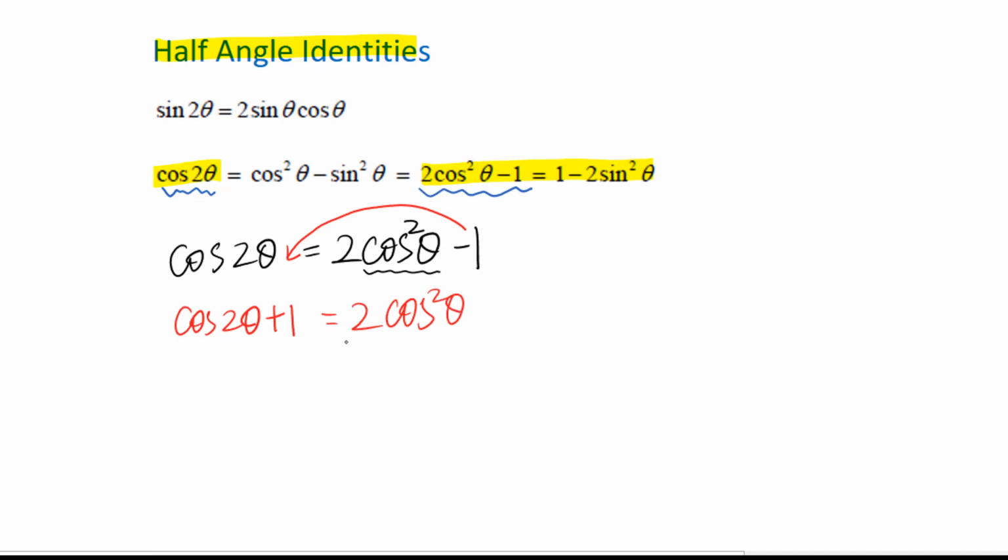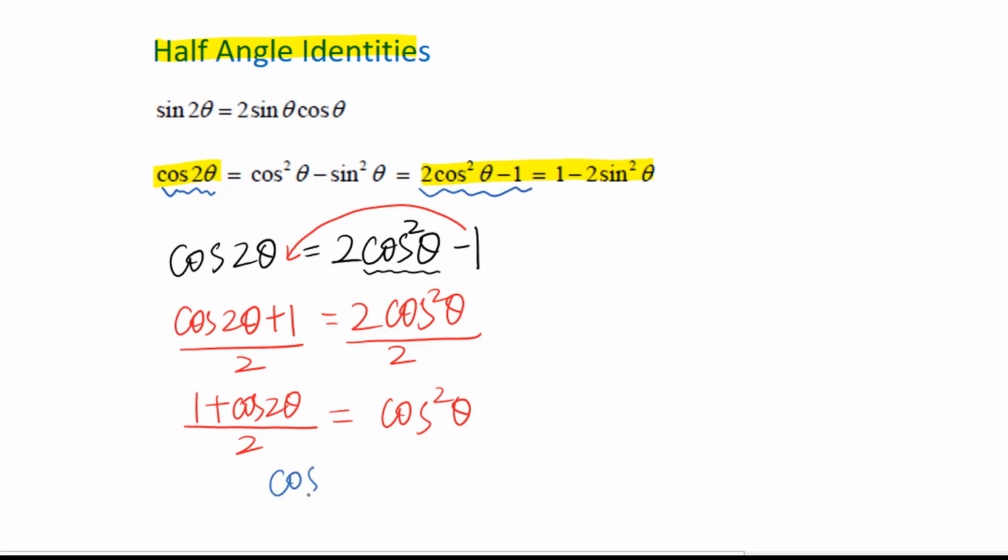Then you divide it by 2 both sides, so that you will get cosine squared theta equals 1 plus cosine 2 theta over 2. Then we will do square root both sides. You will get cosine theta equals plus or minus square root 1 plus cosine 2 theta over 2.